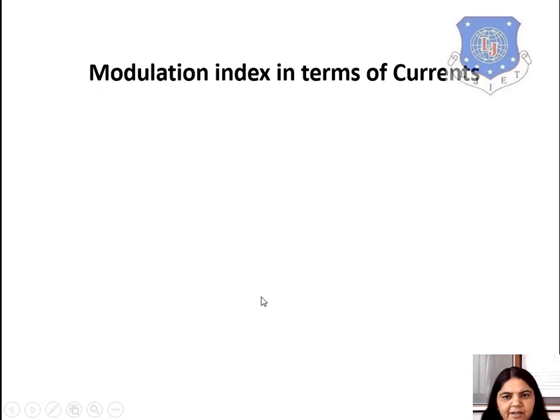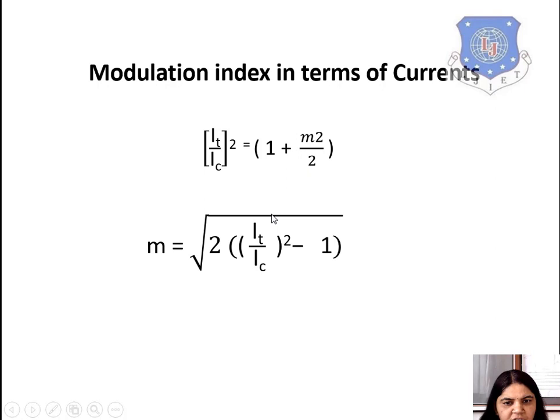Now the modulation index in terms of the current, the modulation index in terms of the voltage, that we have to also find out. So which equation did we derive lastly? IT by IC whole square is equal to 1 plus m square by 2. I want to find out the small m value, the modulation index.